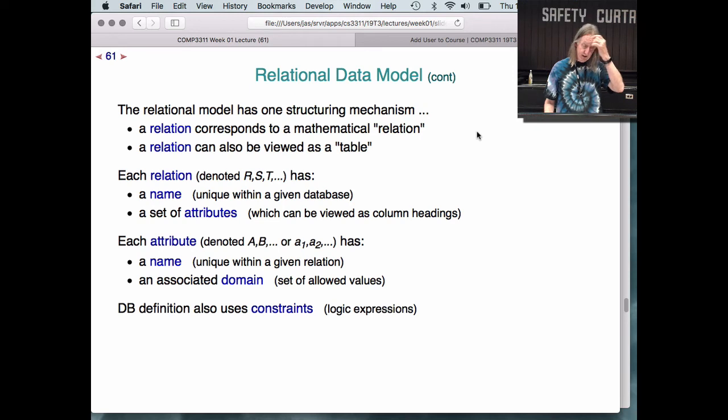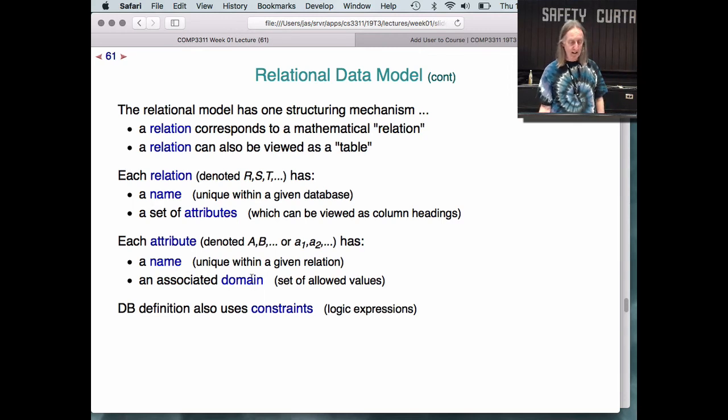A relation has a name and a set of attributes. In the pure relational model, we don't talk too much about the types of the attributes, but technically every attribute has a name, like student ID, course, program, course title.